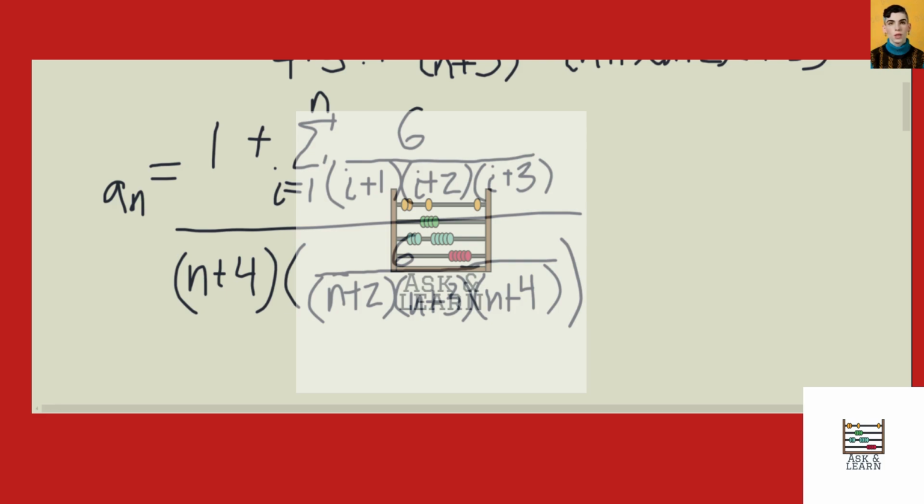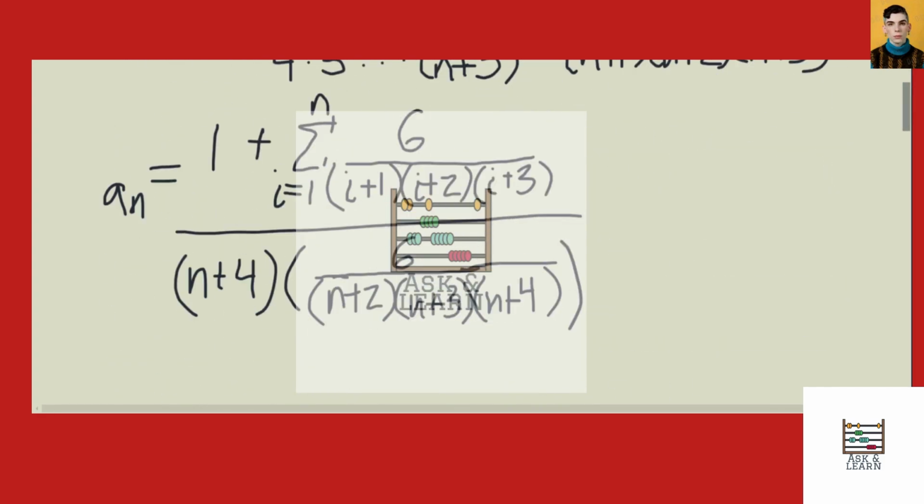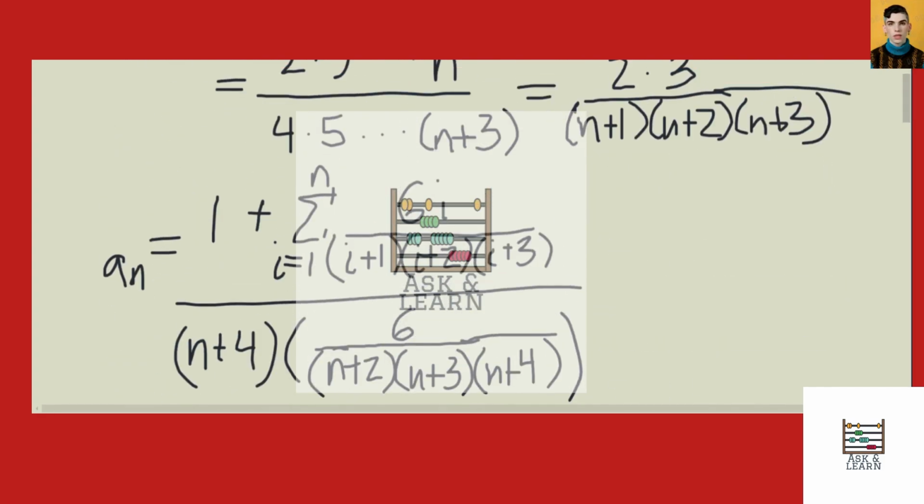My mistake, this should be times h(i), which is simply i here.